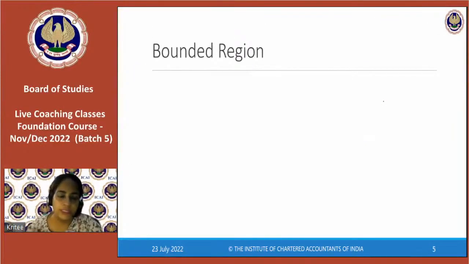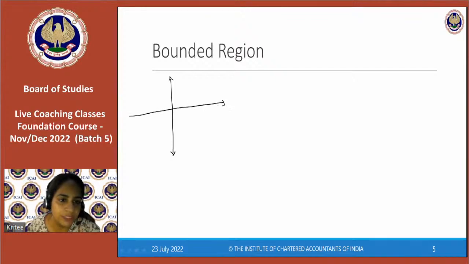Now look into this. I just now explained this bounded region, so I don't need to explain it separately. I'll just give you an example of this bounded region. Supposedly we have this x-axis and this y-axis. So we have two equations. One equation is this and the other equation is this, supposedly.